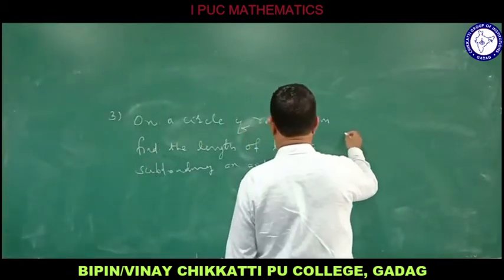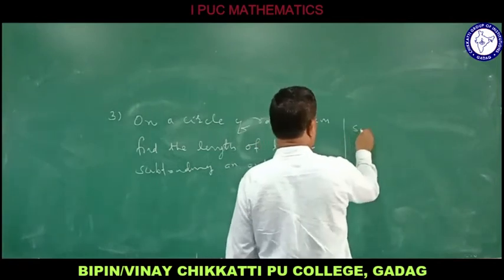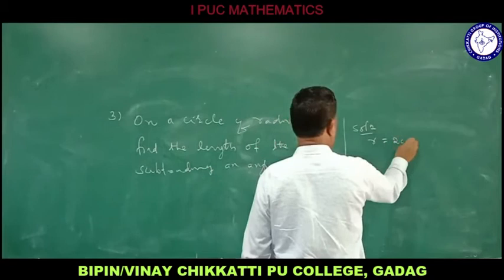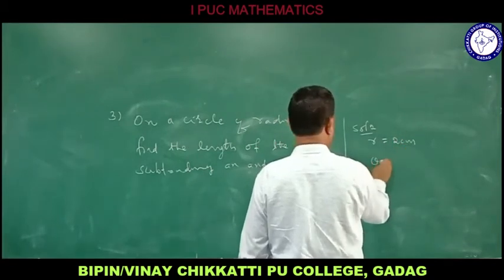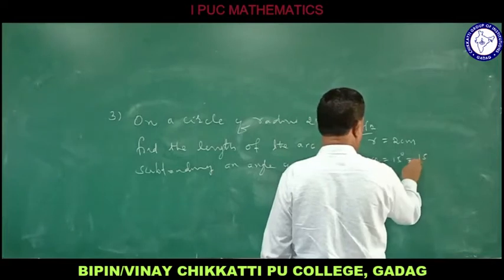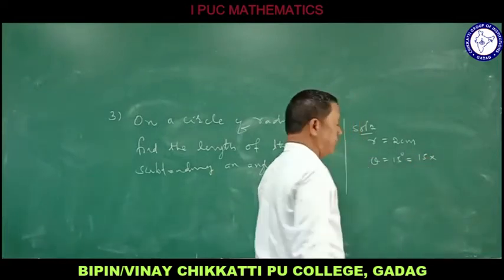The question is, find the length of the arc. L is to be calculated. The circle's radius is 2 centimeter and the angle is 15 degree. That should be converted into radians.